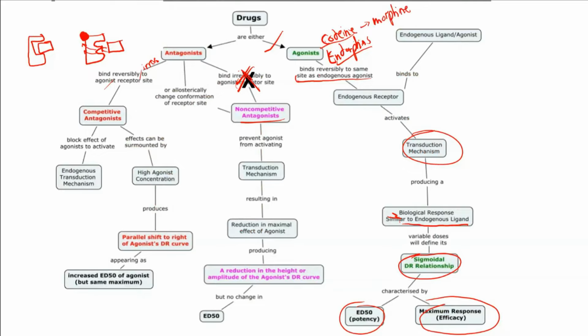But codeine can bind to the opioid receptor, but morphine is the active drug that binds to the opioid receptor more. So morphine is not taken orally. It's taken by a morphine drip usually, or injection. Codeine is taken orally because it's a prodrug. Like we talked about this last week, so great that you mentioned this.